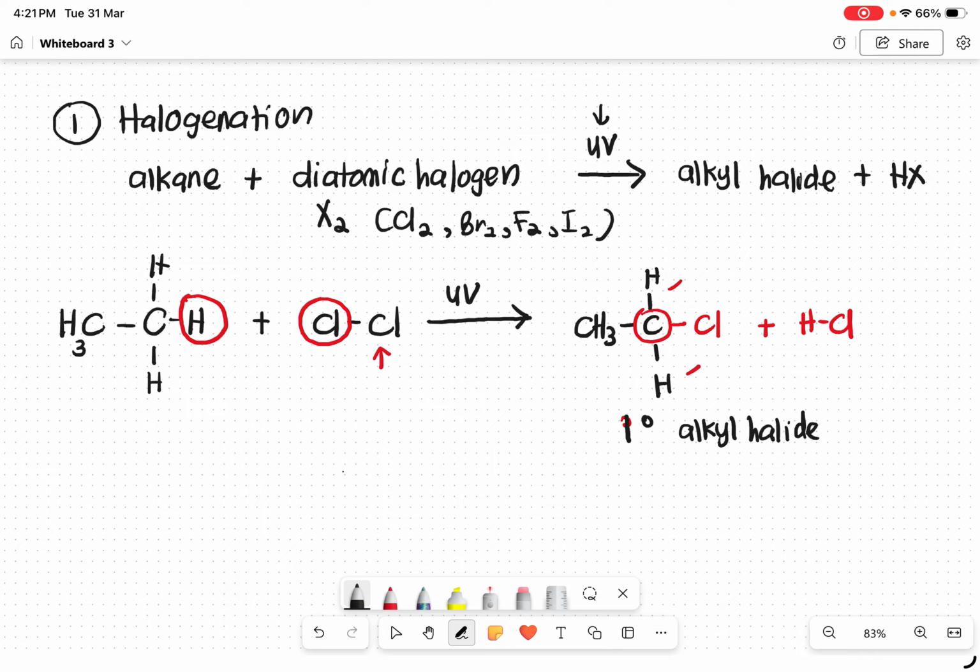Remember, for secondary, only one hydrogen is attached, and for tertiary, no hydrogen attached at all. So simple. This halogenation is usually for primary alkyl halide.